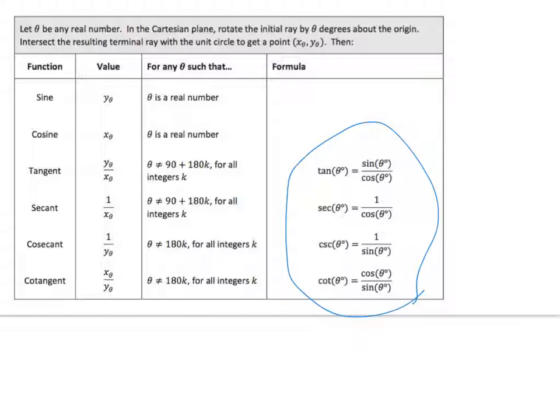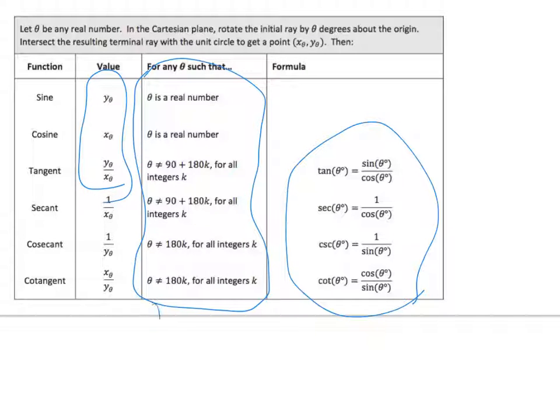Actually, let me include something else. Values for the other ones. And then we have our domain right here, where we are defined, where we're not undefined. Cool. All right, we'll do our problem set tomorrow, and we'll be looking at our unit circle just a little bit further.